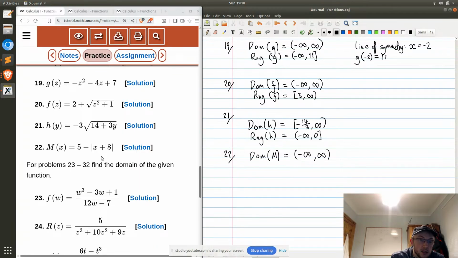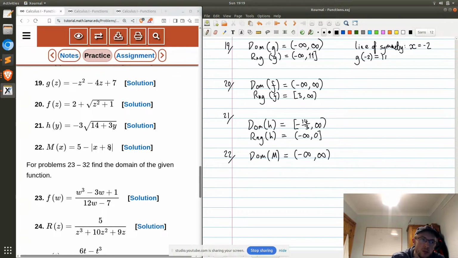As for the range of output values, this will be an upside down V shape, as the absolute value function only outputs a non-negative quantity. So we'll want to make this 0.